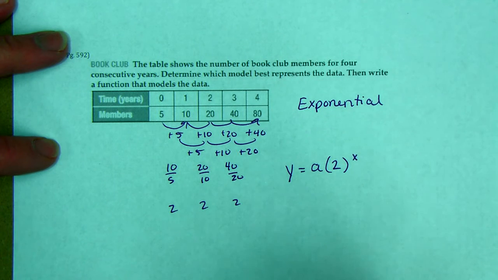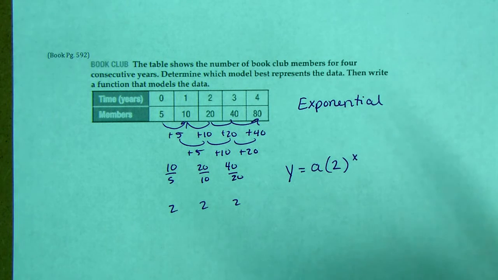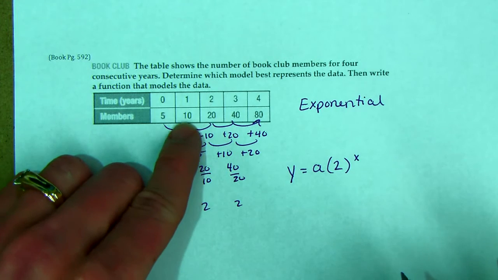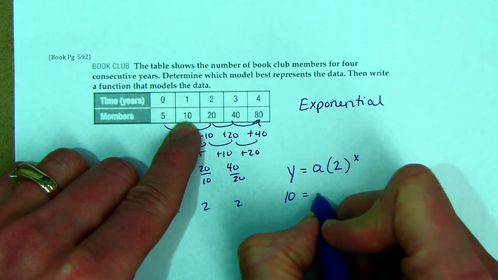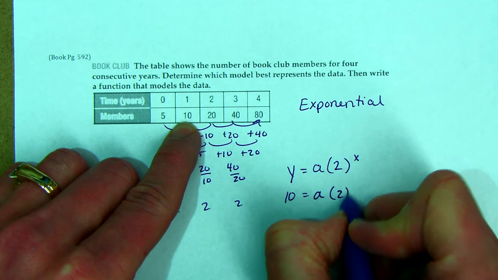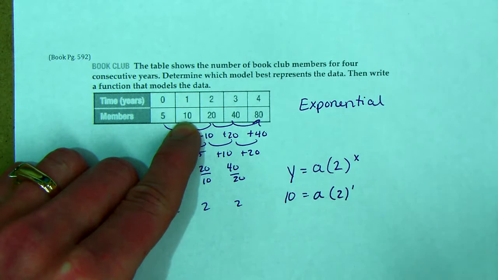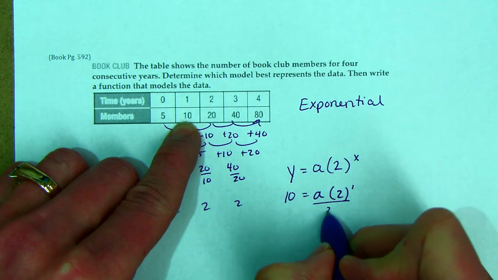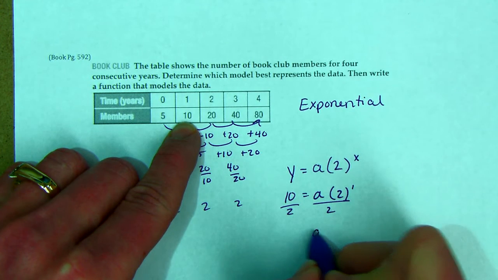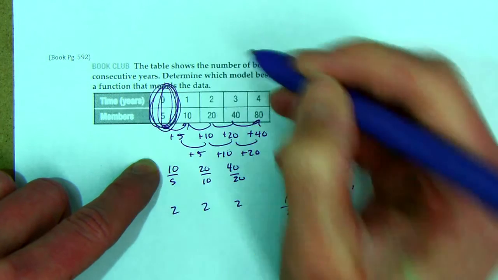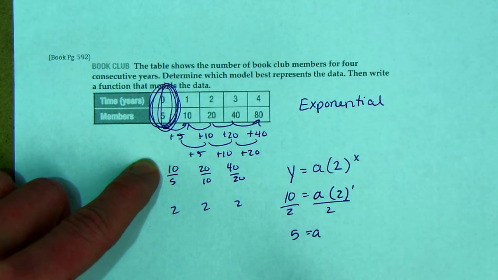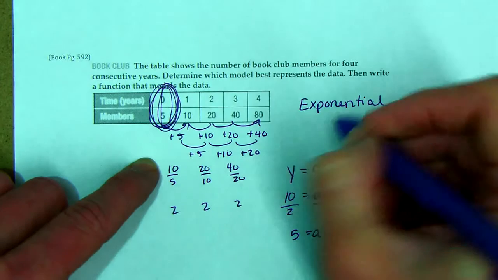Putting in 1 for x and getting 10 for y, because 2 to the first is 2, divided by 2, a is 5. Take note right there, that's what it comes out when it's 0, if you need that hint. So y equals 5 times 2 to the x power.